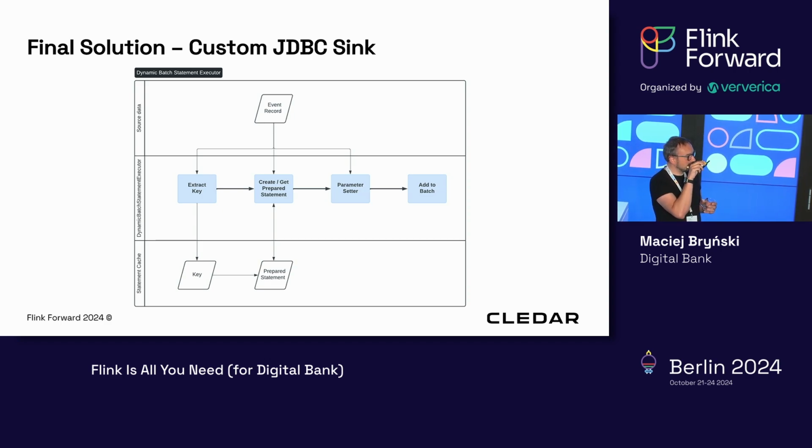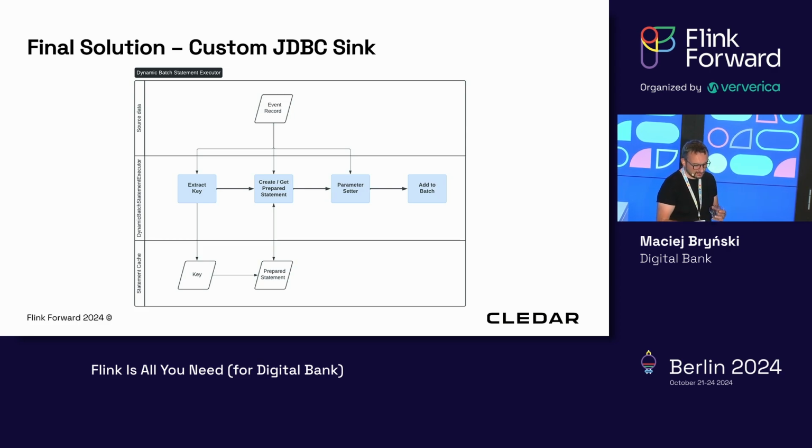For every record, the statement executor will first extract the key from the record. Based on this key, it will get or create a prepared statement, and this statement is then cached in the statement cache.